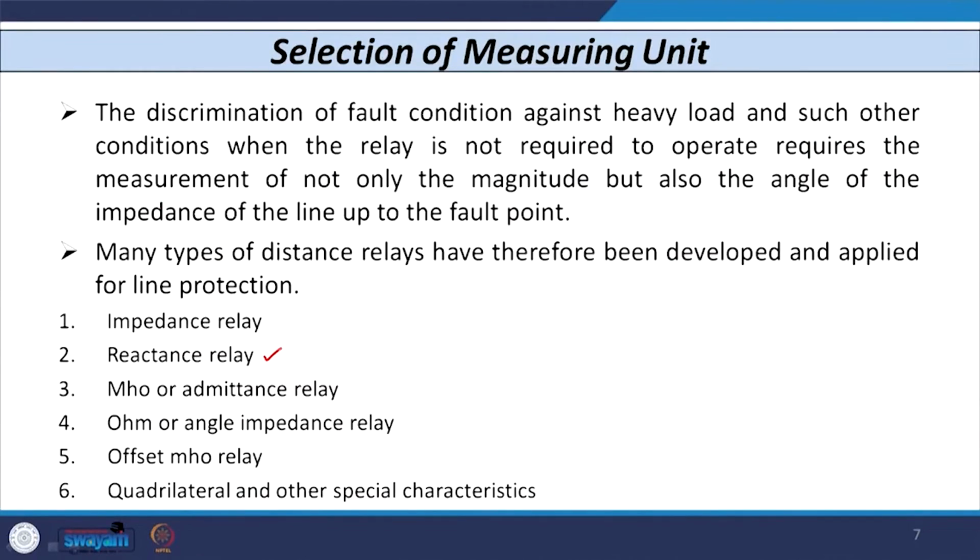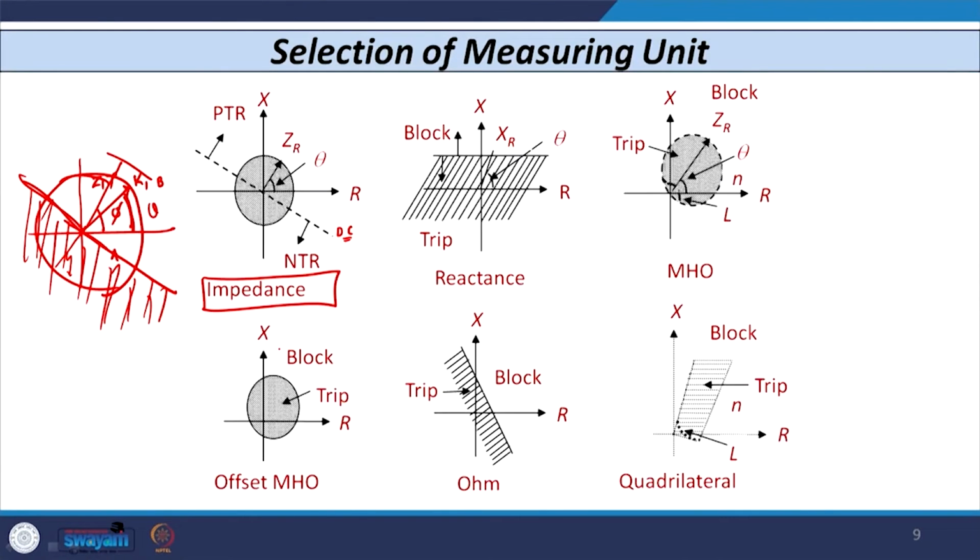The next type of characteristic is known as the reactance relay. As the name suggests, the reactance relay measures the reactance only. So, if a fault occurs with any value of fault resistance, then this type of relay is not affected by that phenomenon. We will discuss later what is the effect of fault resistance on the performance of the distance relay.